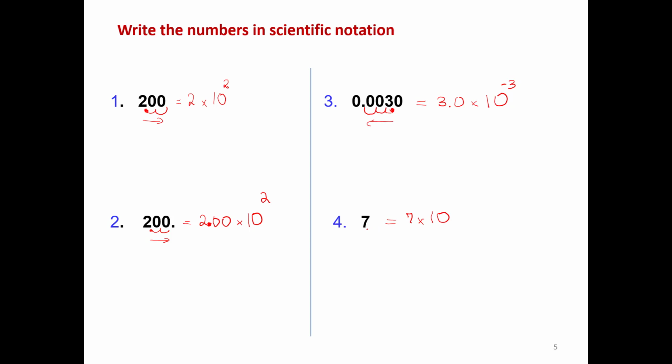Do we need to move the decimal place to the left, to the right? The answer is no, and this is why here is 0. And we know 10 to the power 0 equals 1. Then 7 equals 7 times 10 to the power 0, and this is in standard notation, and this is in scientific notation.